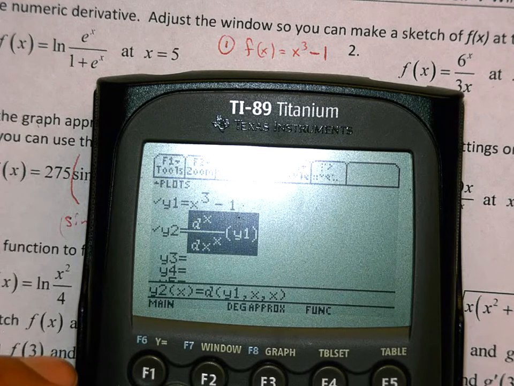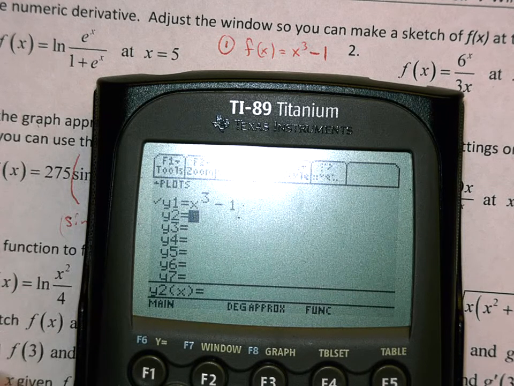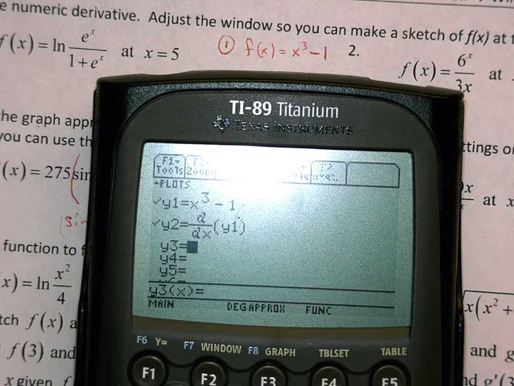Oh, let's do this. Let's edit. Okay, let's try another one. Oh, that looks better. Let's try that.